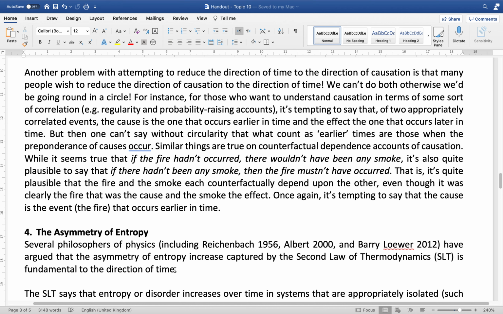Another issue, though, is that if we sought to reduce the direction of time to the direction of causation, we then would presumably rule out reducing the direction of causation to the direction of time, because that would be going in a circle.